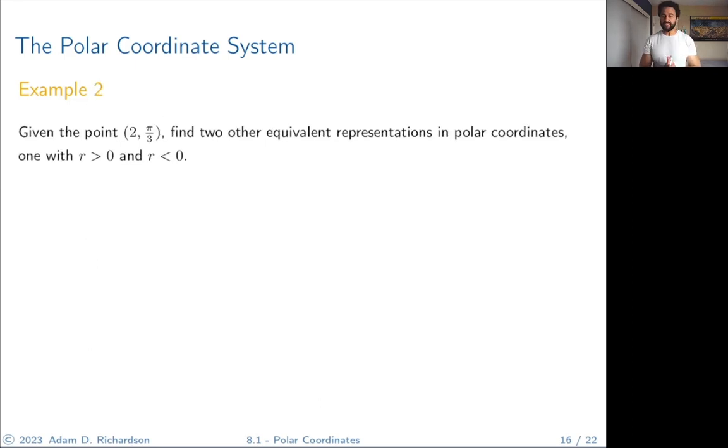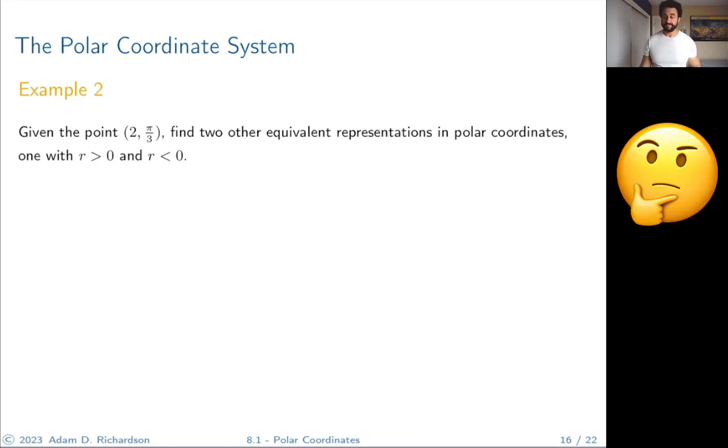So let's try this one. See if you can do this one on your own. I'll give you a couple minutes here. Let's say we have the point 2 comma pi over 3. See if you can find 2 other equivalent representations in polar coordinates, one with a positive radius and one with a negative radius. So first, just think about how you would do that.